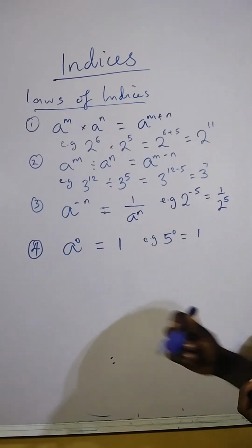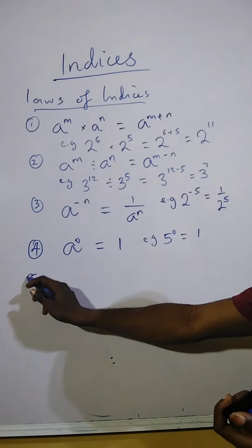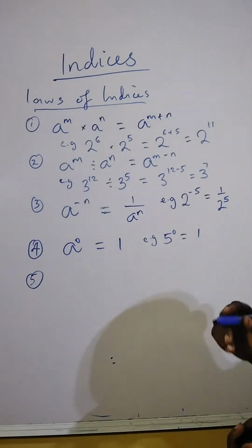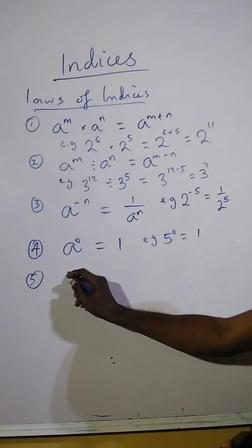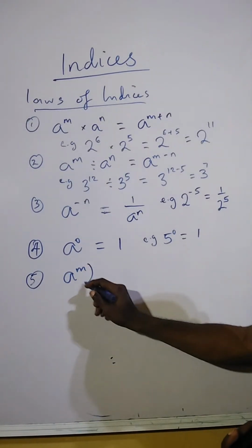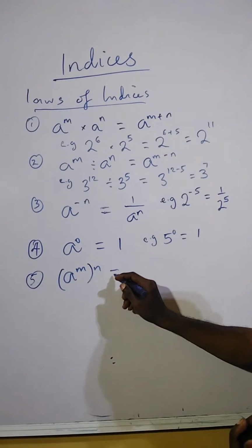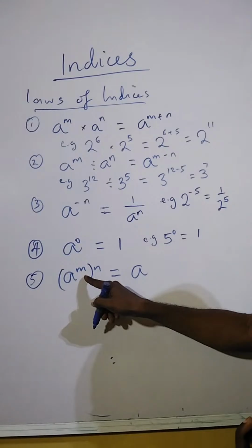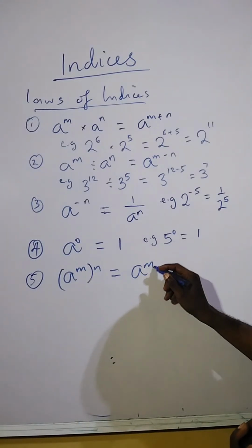Okay, so let's look at number 5. Here we have a raised to power m, all raised to power n. This will become a raised to power m times n, which is mn.